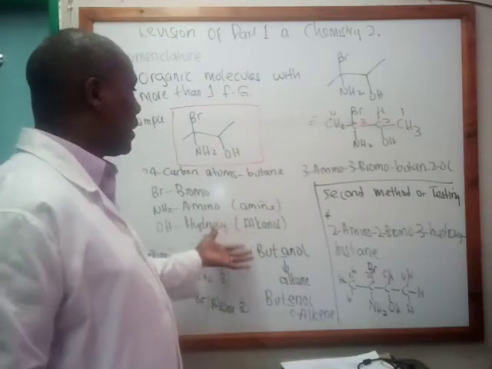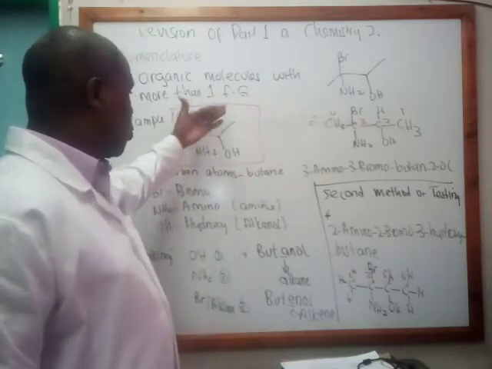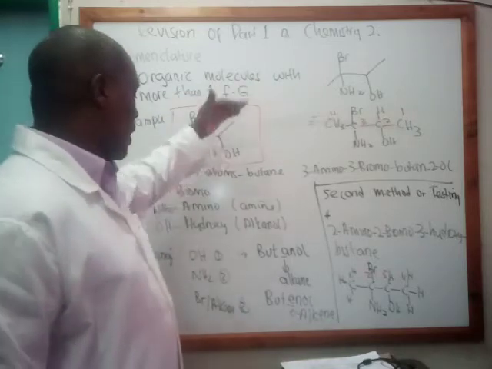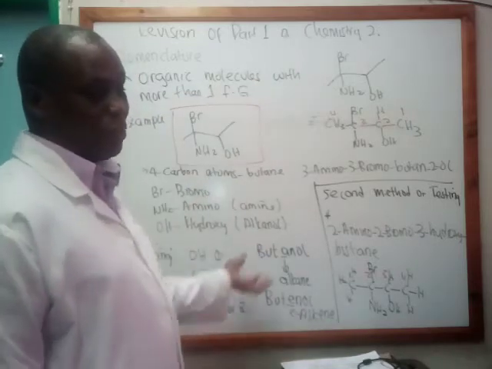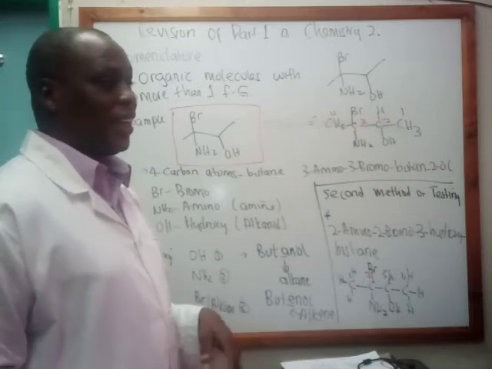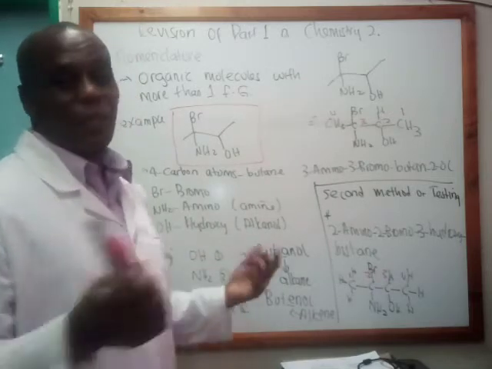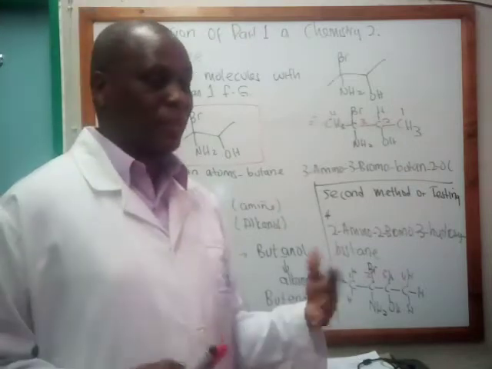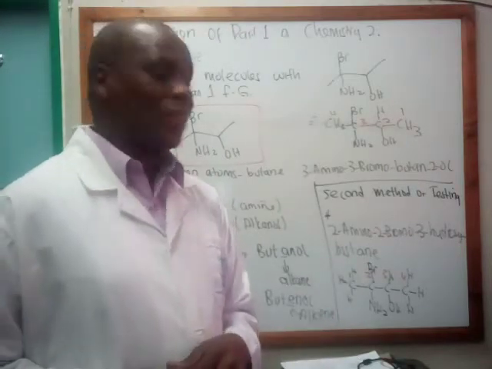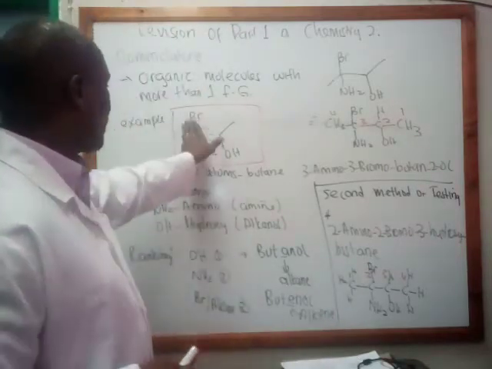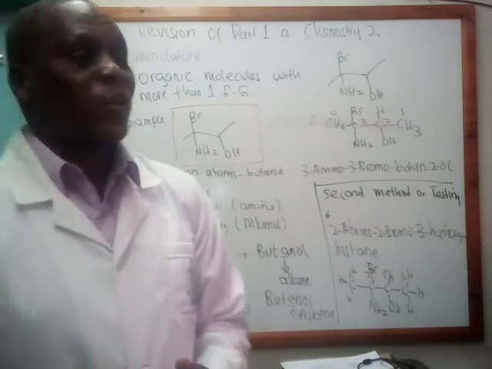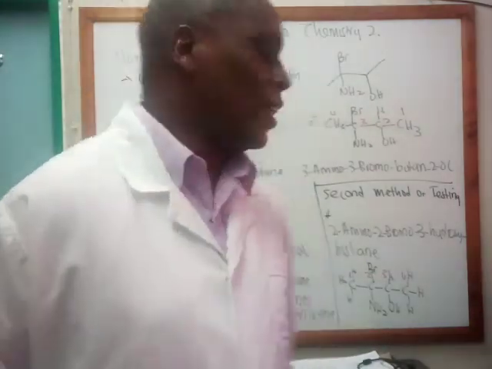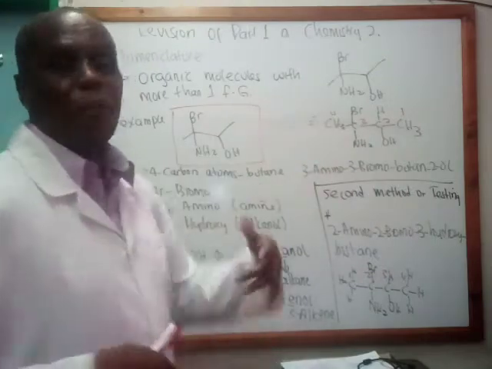What I've done is to show you the process in which you can get the name. I think I discussed it in the last presentation, but this is just to refresh your memory. The questions are likely to give you a bond line structure.